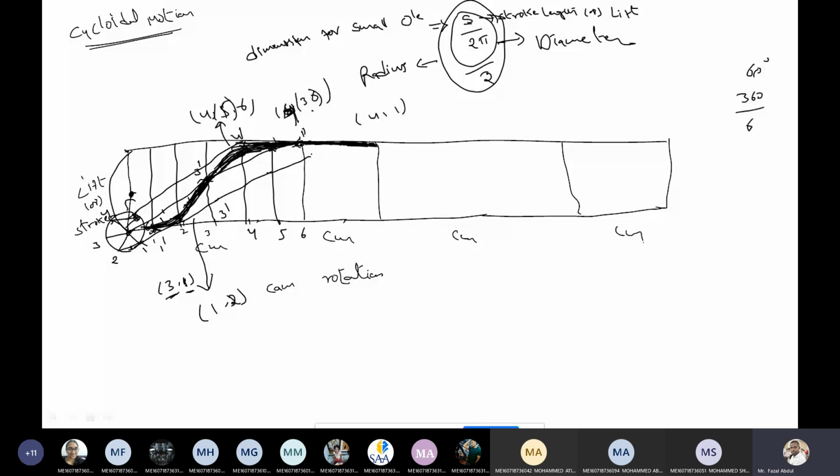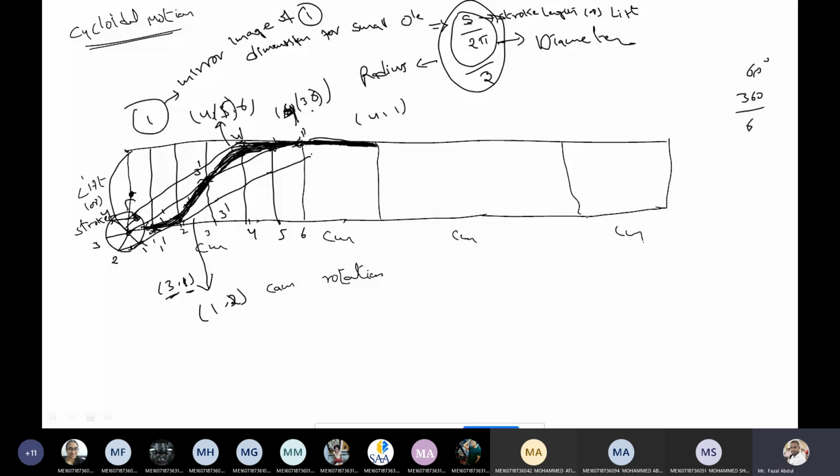Rising, dwell period. Now after that, again the follower is going to fall. Whatever procedure you adopted in the first box, same procedure. The mirror image of the first box, that is the third one.